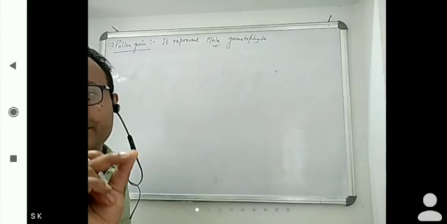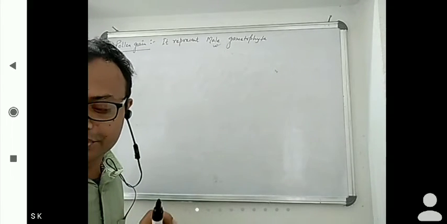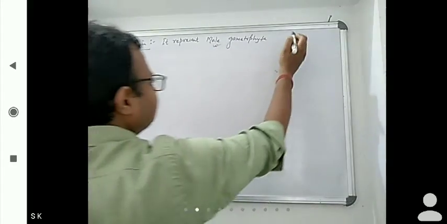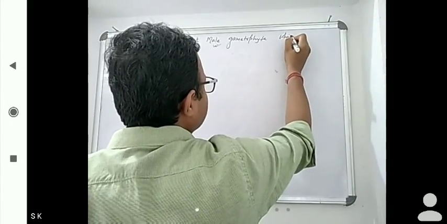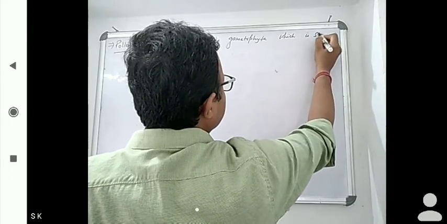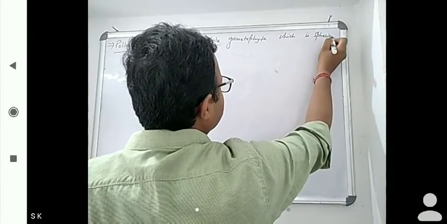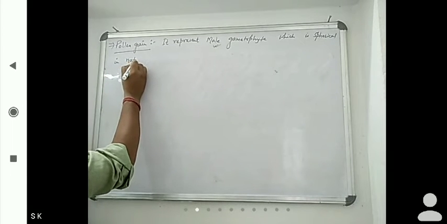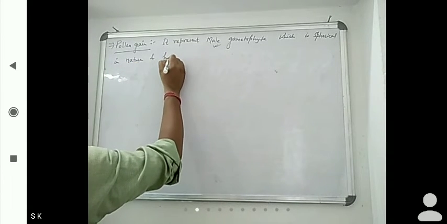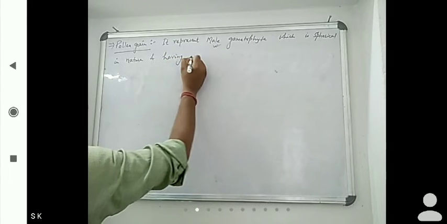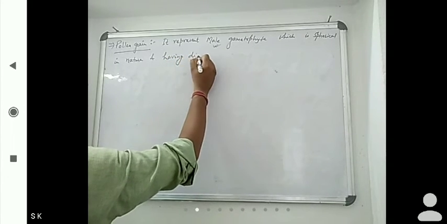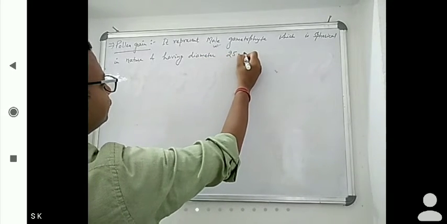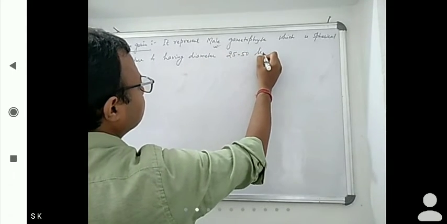Circular or spherical in nature that contain diameter 25 to 50 micrometer. So it represents a male gametophyte which is spherical in nature and having diameter 25 to 50 micrometer.